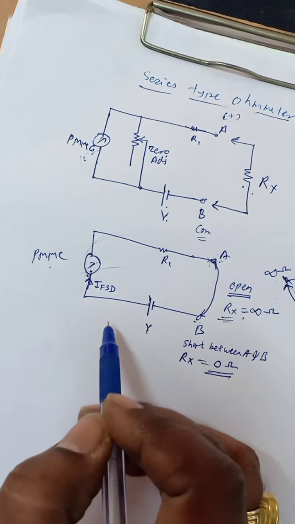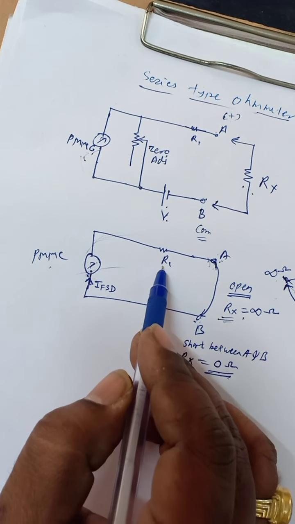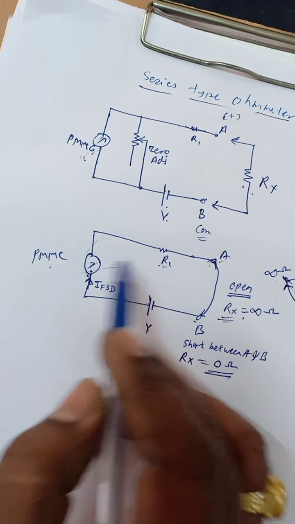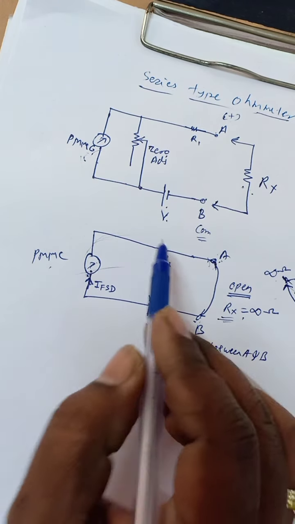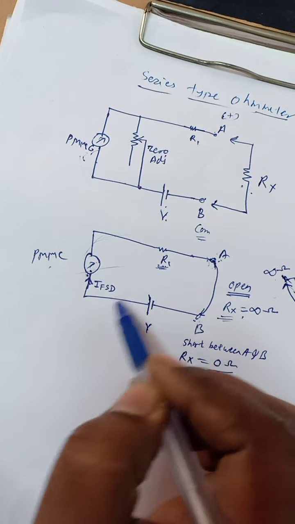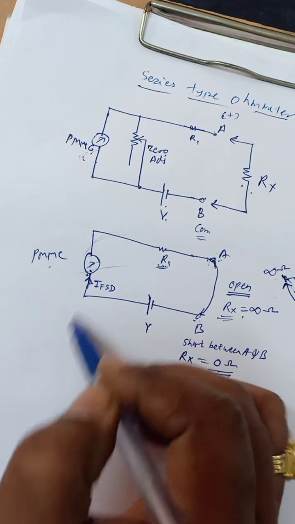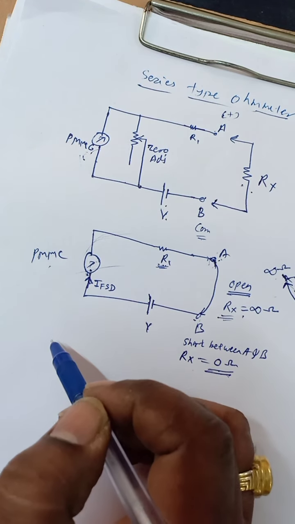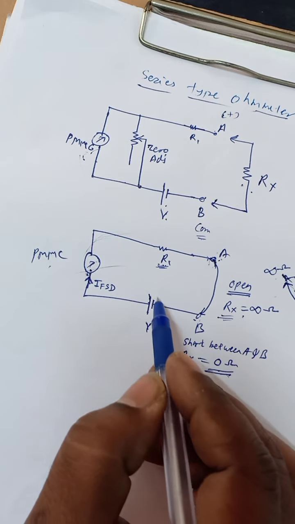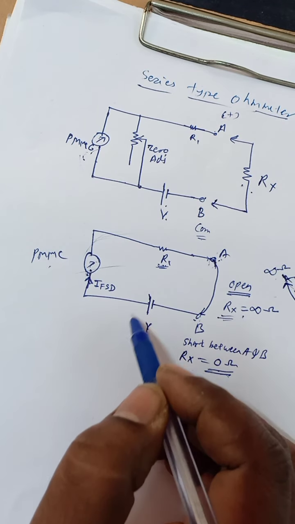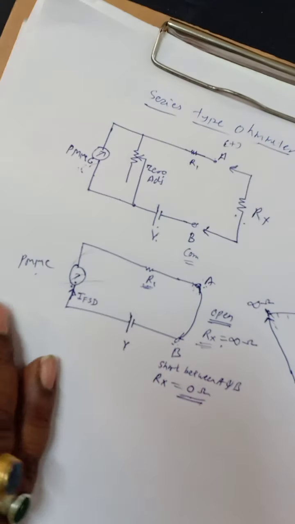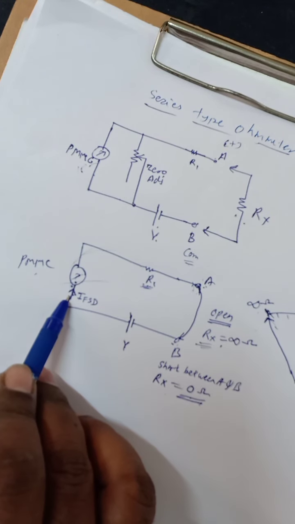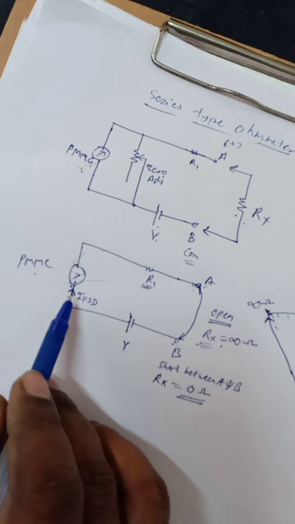Sometimes what happens, so we are provided here R1 resistor to limit this current up to IFSD. This is the use of R1, which is used to limit the current up to IFSD. If the battery is new, it may happen that the current exceeds IFSD.